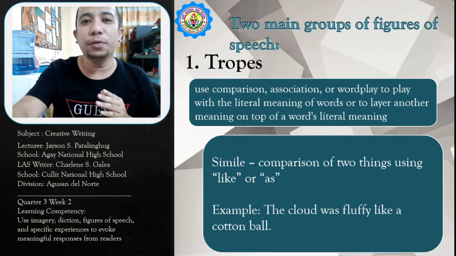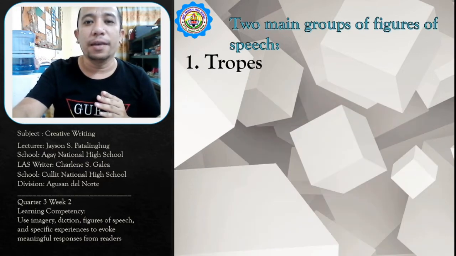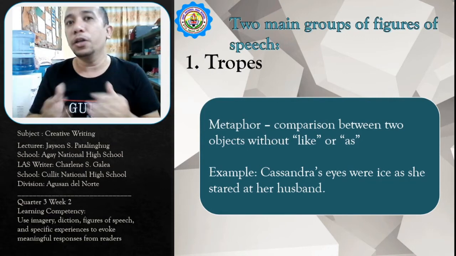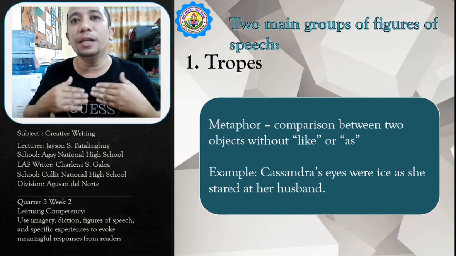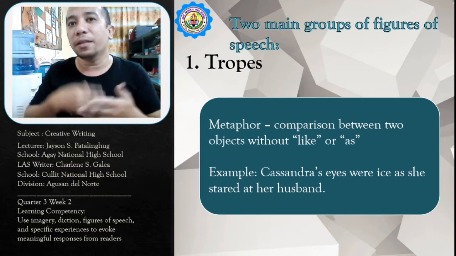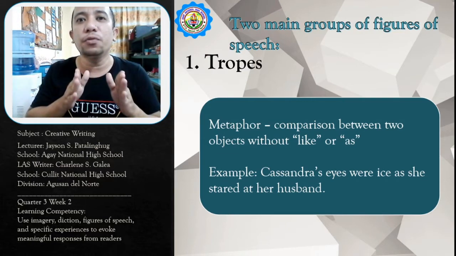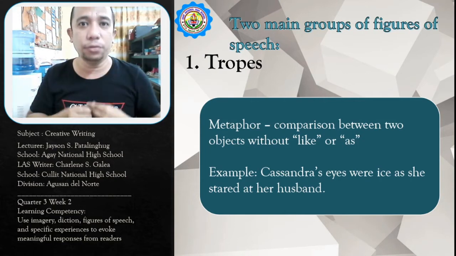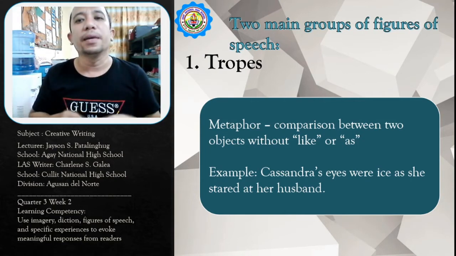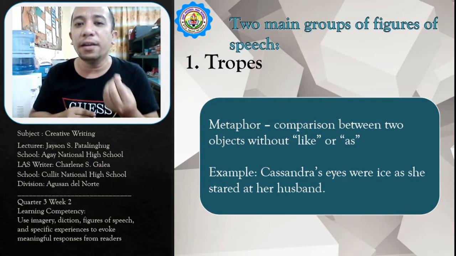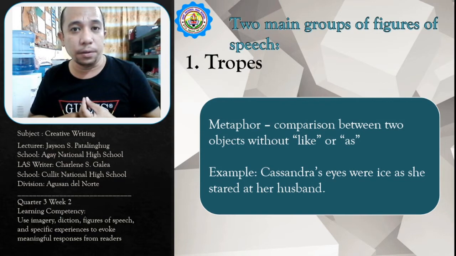Now let's move to the second type of tropes, that is metaphor. Now metaphor is similar to simile. The only difference is that metaphor gives a direct comparison. It does not use the word as or like in order to compare two objects. Example, Cassandra's eyes were ice as she stared at her husband.